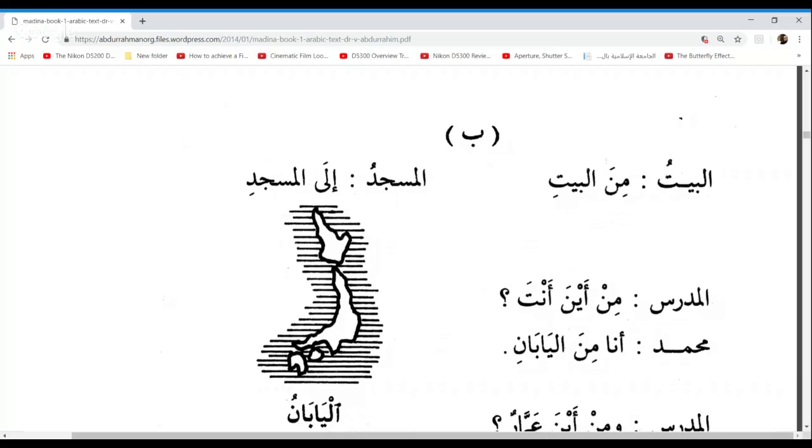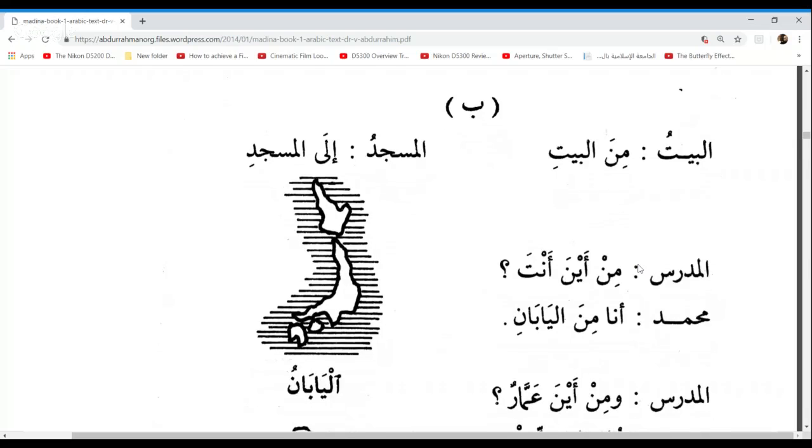And just to recap, we've now taken 4 huruf al-jar: fi, ala, min, and ila. And we said that the word that comes after these huruf al-jar becomes majroor, which means the state of the word changes and it ends with a kasra. So it goes from dhamma to kasra. Okay? Which then brings us to the conversation.